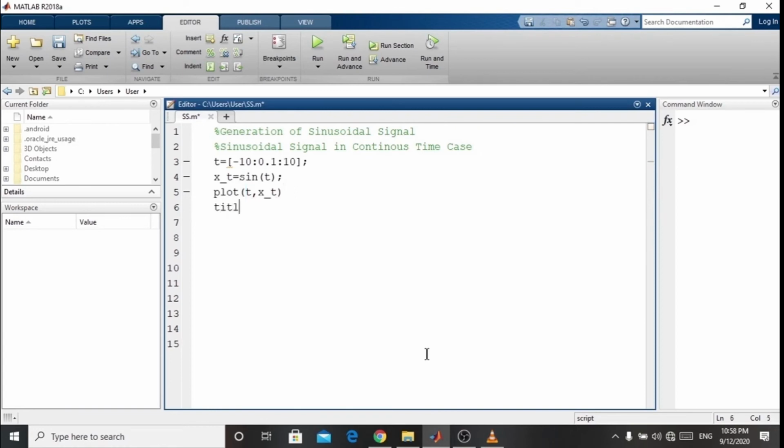Then let's give the title as sinusoidal signal in continuous time.